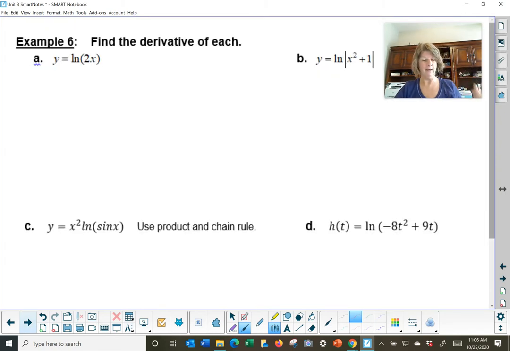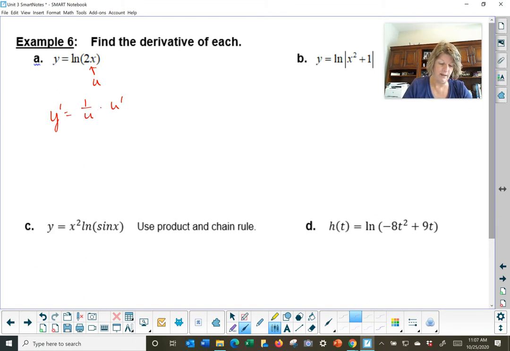Let's try it. There are 4 or 5, 6 examples in this first part, so let's run through them. Find the derivative of each. Well, I recognize this as u, and it's no longer just a simple x, it has 2x. That'll prompt a chain rule. So I'm going to write y prime equals 1 over u times u prime.